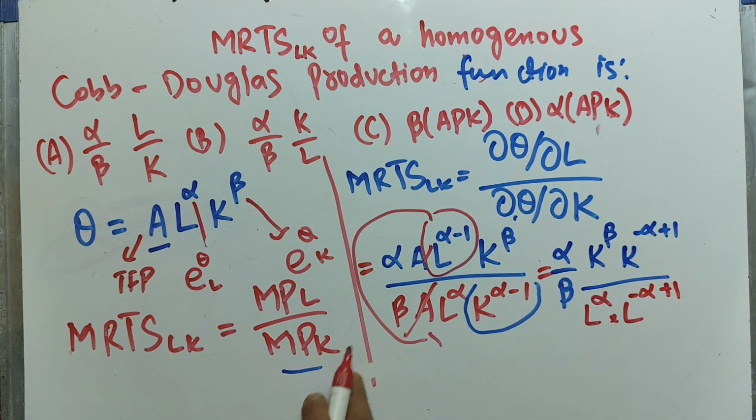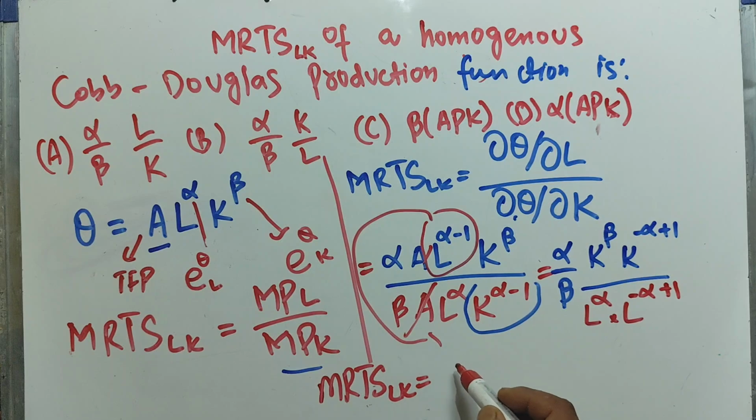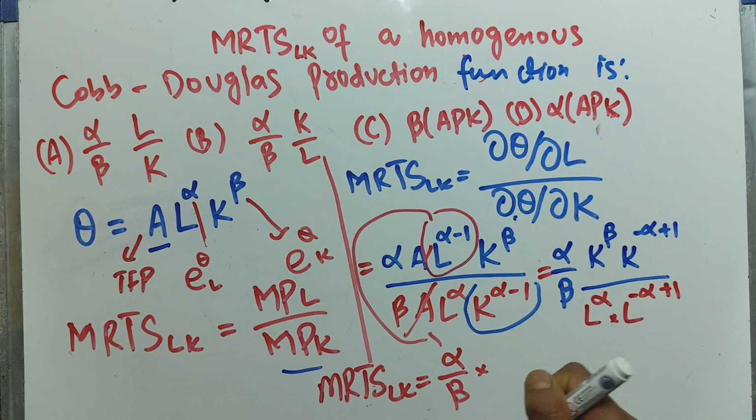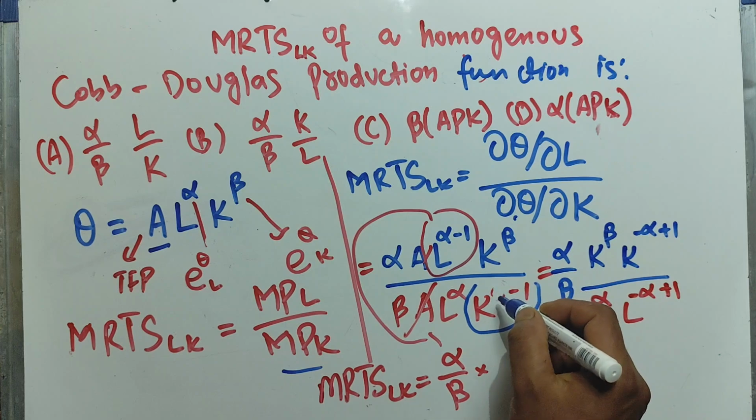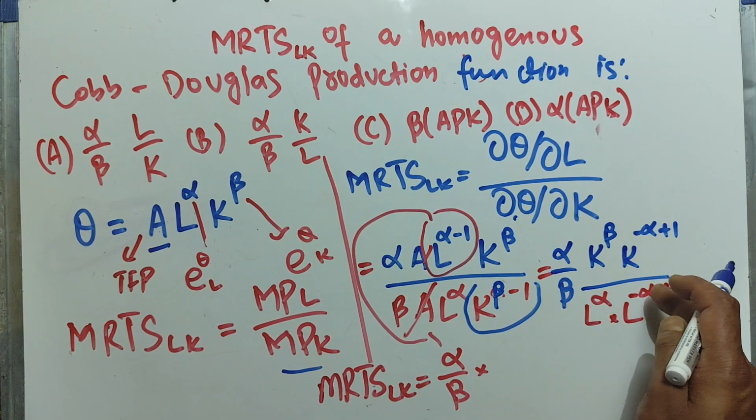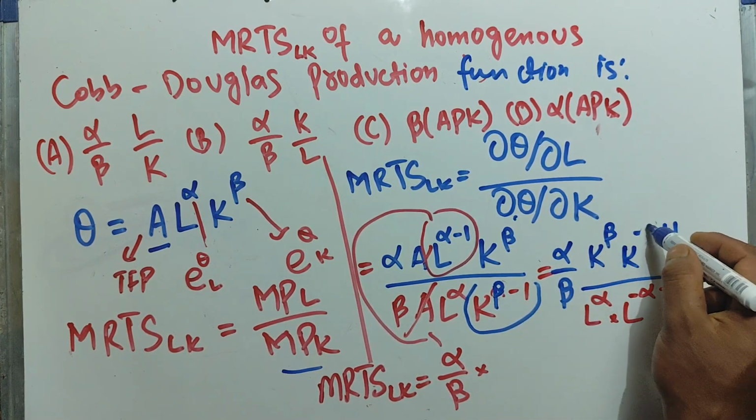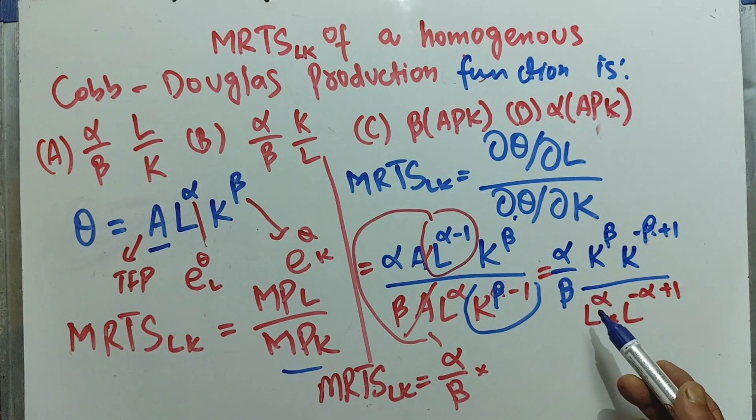So MRTS, marginal rate of technical substitution between labor and capital, will be equal to alpha upon beta times, bases are same, we can add up the exponents. Let me see if I have done something wrong. Okay, we have beta here, that's why I was getting confused. So here we also have beta.